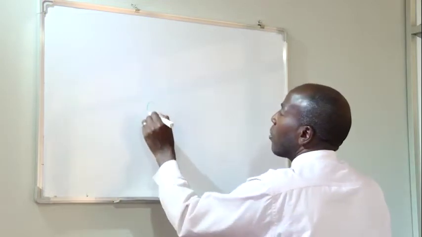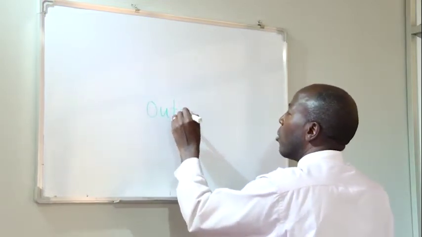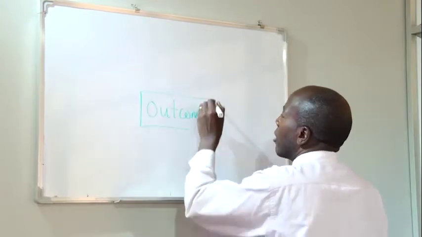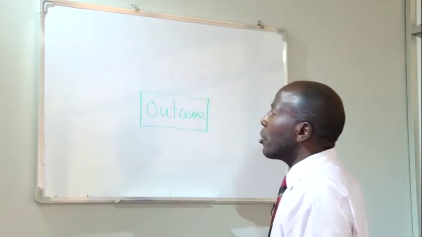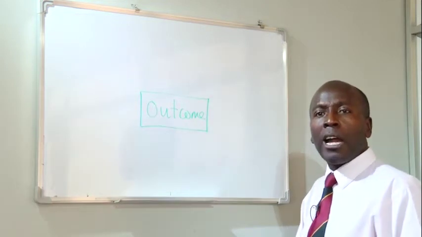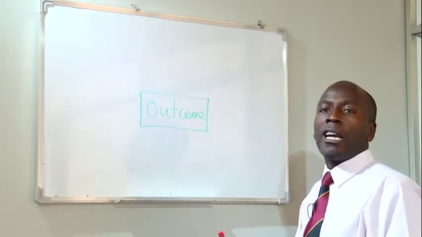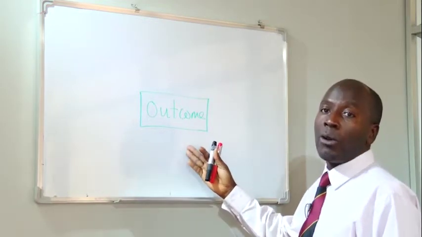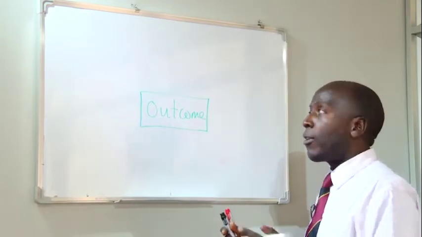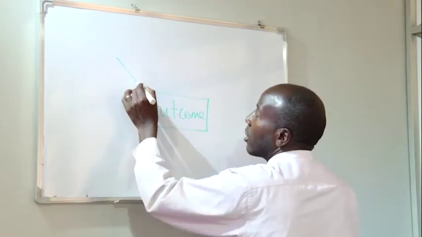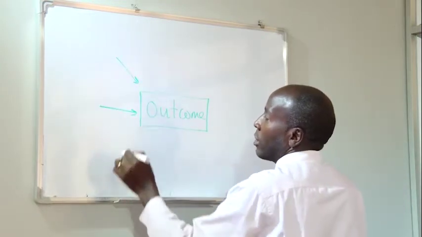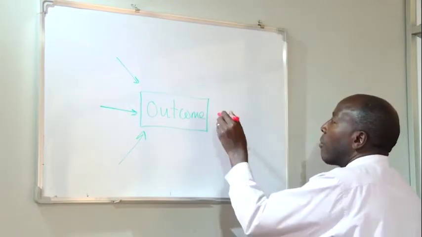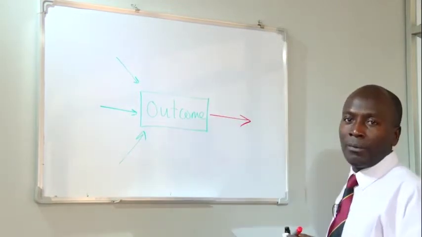If we have our outcome in the middle, the outcome that we are going to study, as we review literature, we find out the different factors that people discovered are associated with the outcome. Some may be factors that lead to the outcome. Some may be factors that actually come from your outcome.